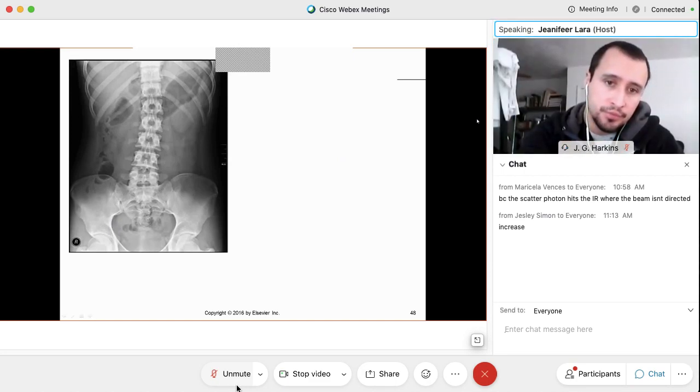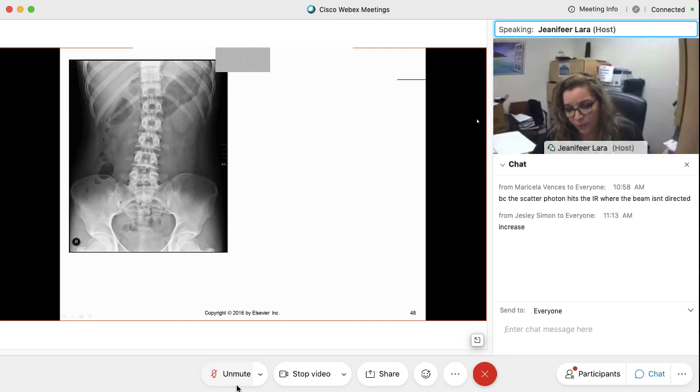So we have the majority of our photon energy, our primary beam, at 33 keV. And all of this energy is going to interact with bony anatomy, soft tissue, and air differently. So we are able to go back and identify parts.